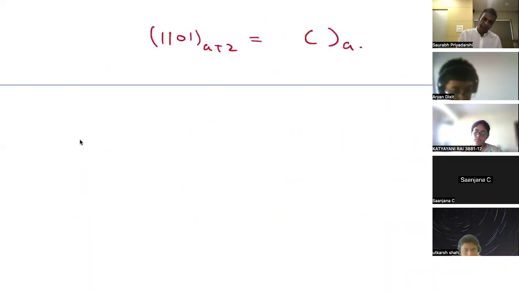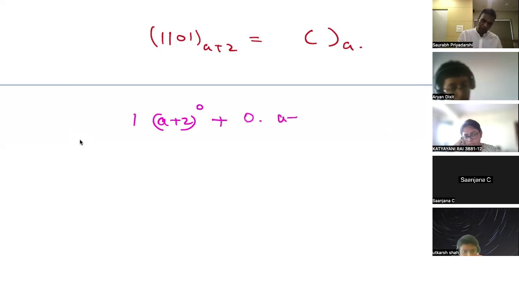See, this is obvious, right? You have written (A plus 2) to the power 0, 1, plus 0 into (A plus 2) to the power 1, plus 1 into (A plus 2) to the power 2, plus (A plus 2) to the power 3.